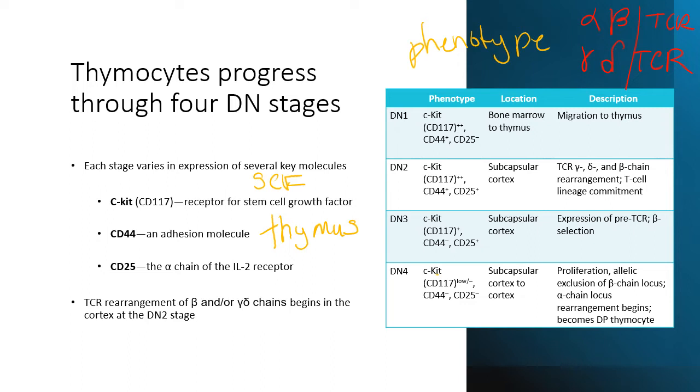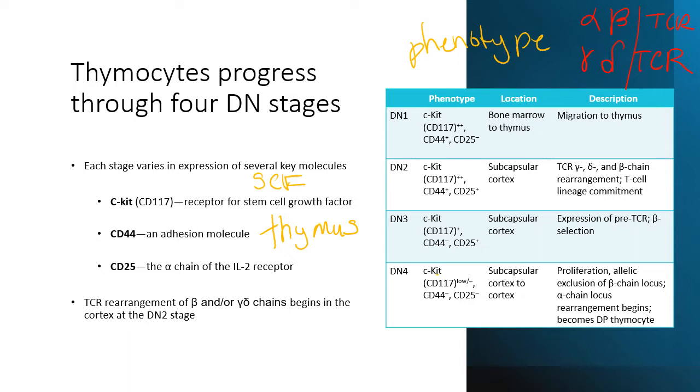So at the double negative 2 stage of cell development, you still express high levels of CD117. You still express CD44. But you also start expressing the alpha chain for the IL-2 receptor, CD25.